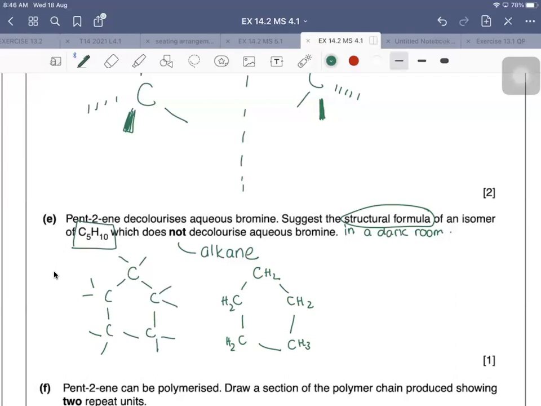Yes, Danish, well done. I just read your answer. Try not to write down the structural formula like this, because there is a connection between the first carbon and the fifth carbon. So we don't write it in a straight line. We show the bonds instead.